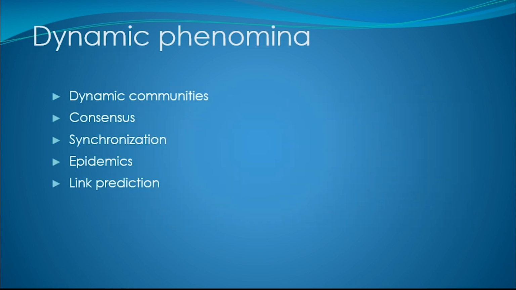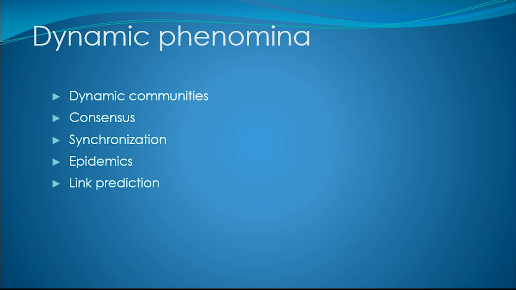Again, I'm not going into details, but in network science we also study dynamic phenomena, dynamic communities, how communities are evolving over time, and consensus. For example, suppose a vote goes through a network; after some time there will be a consensus and finally it will arrive.